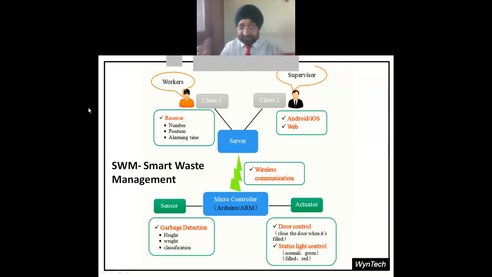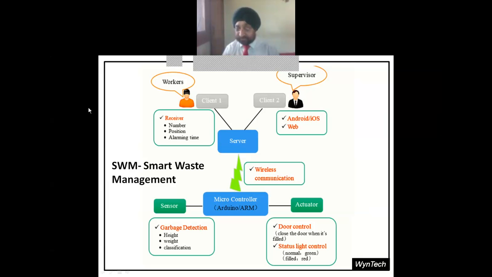We know that the capacity of this bin is 10 kg. So once the 10 kg is there, even if it is not filled, you understand? Even if it is not full, the capacity of weight is complete. If you put more garbage, it will break down.